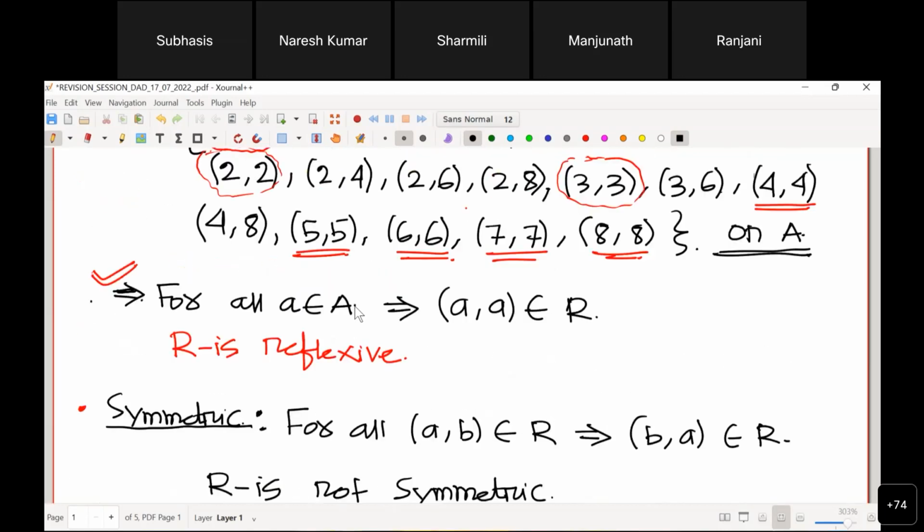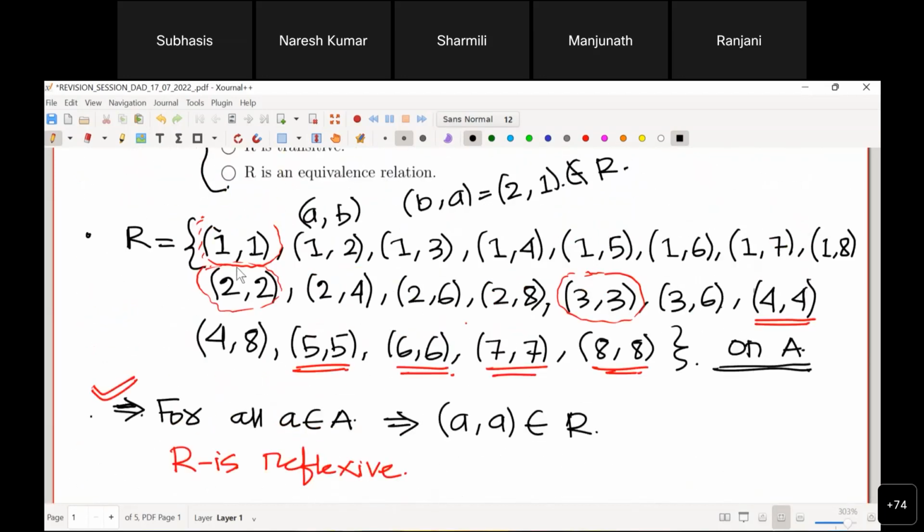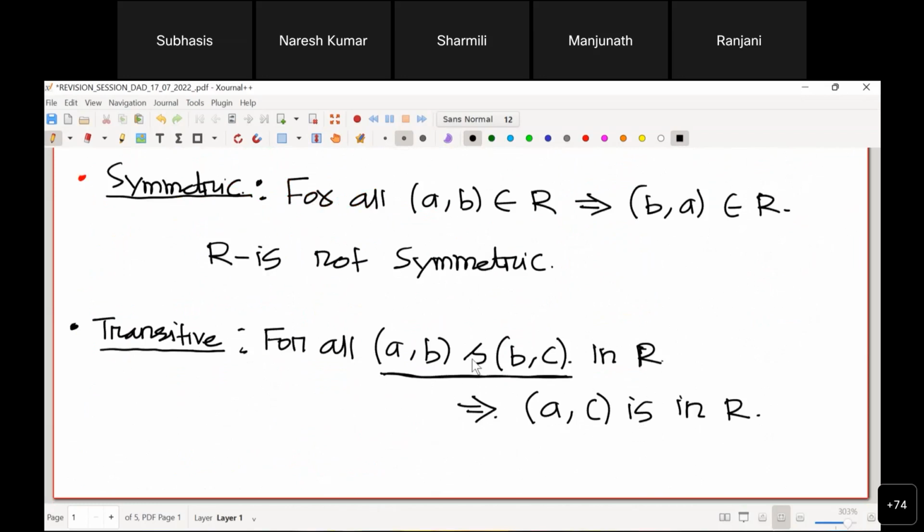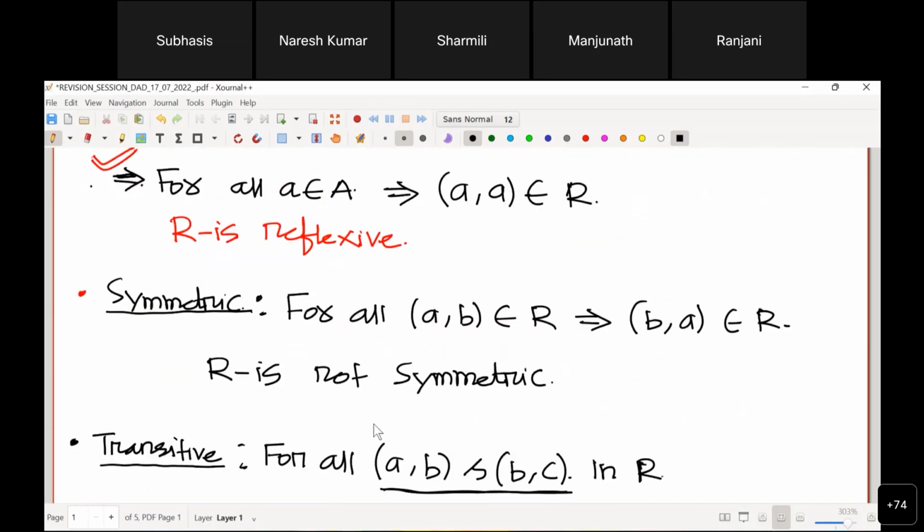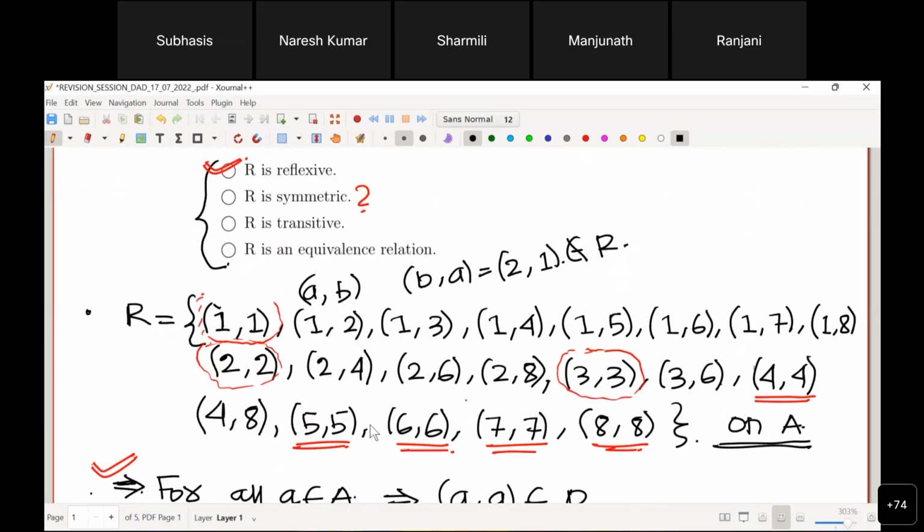Since the number of elements is huge in some sense, it is slightly difficult to check all the possible pairs. So let's try one by one.